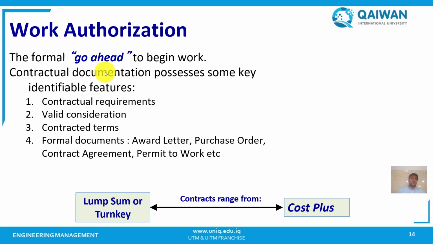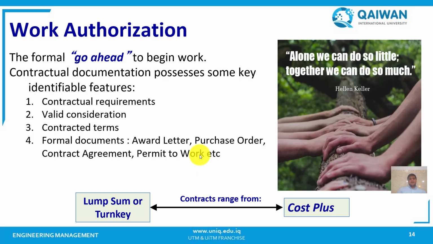Work authorization ensures that all parties involved are aligned and have the necessary approvals and permissions to commence the specified work activities. So contractual documentation possesses some key identifiable features like contractual requirements, valid considerations, contract terms, and formal documents.